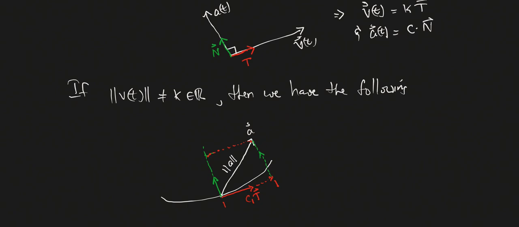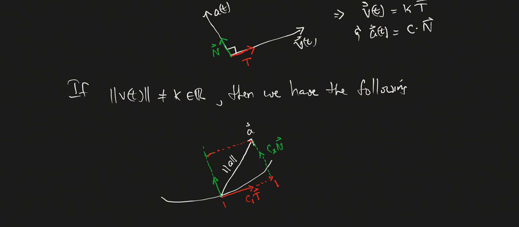This one is a constant times N, right? So by our parallelogram, we can see that A is equal to something times T plus something times N, right?